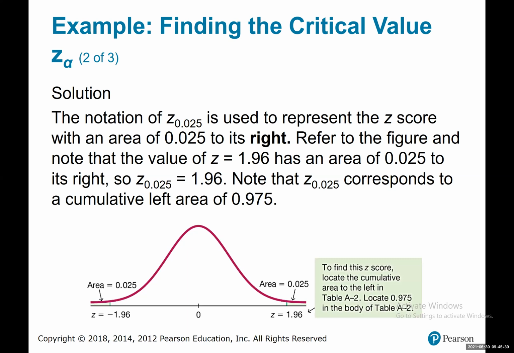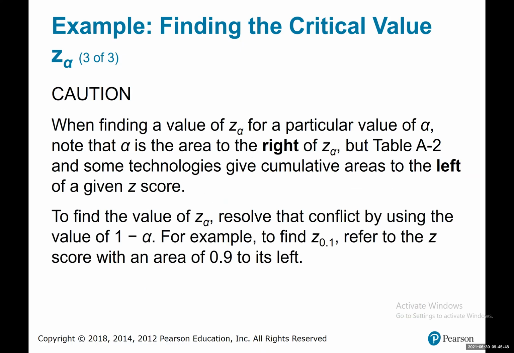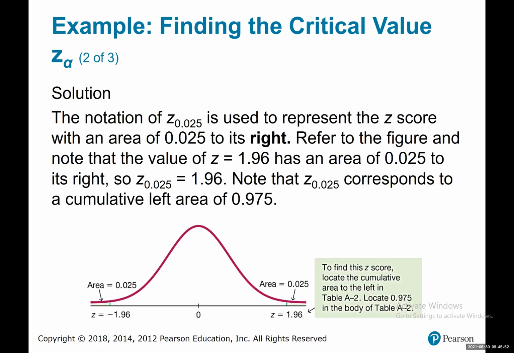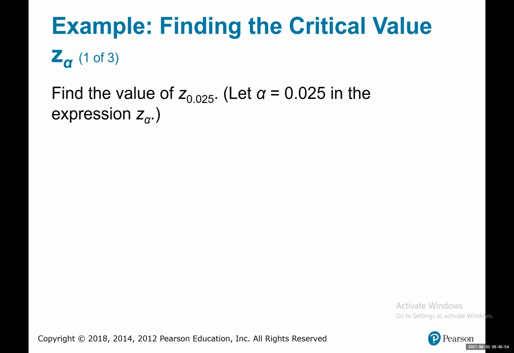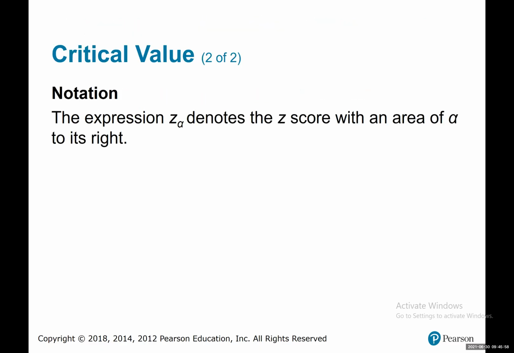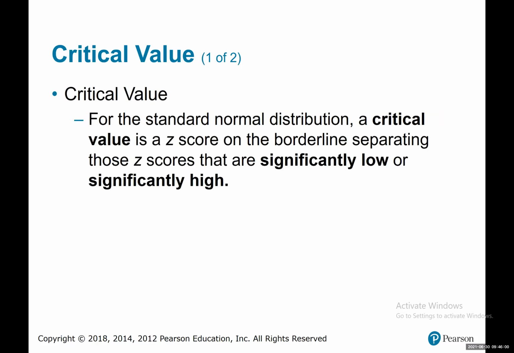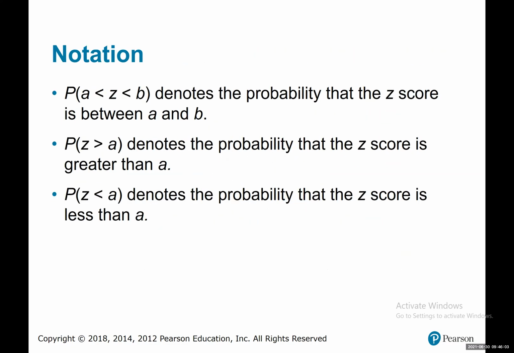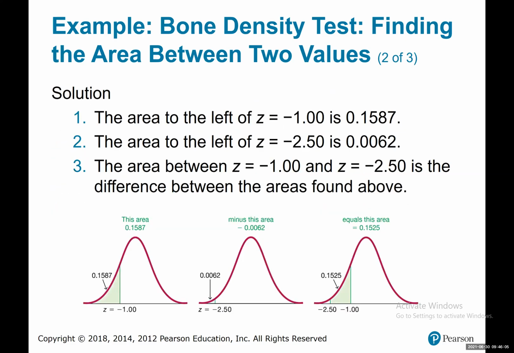So now, here is another thing. Sometimes the area is given, and then you want to find the z value. Let's just practice that one as well before we move to the next section.